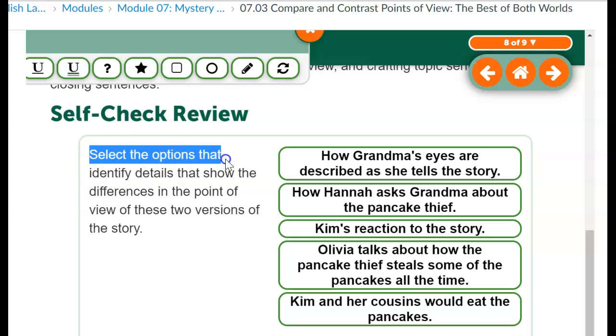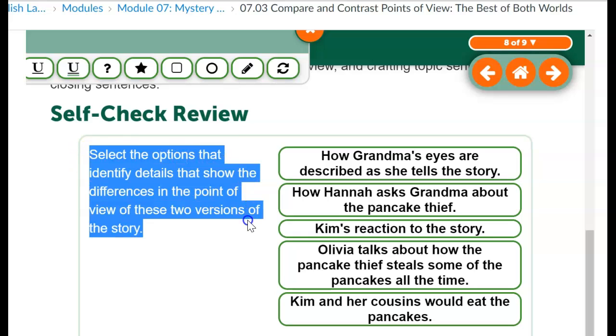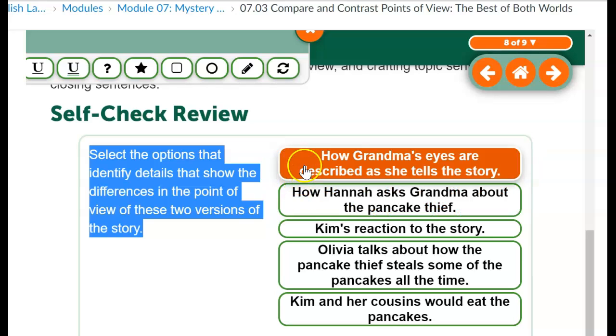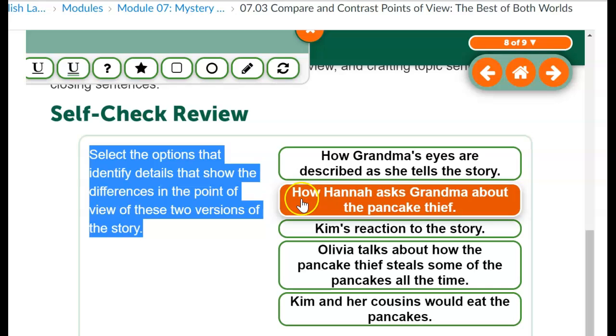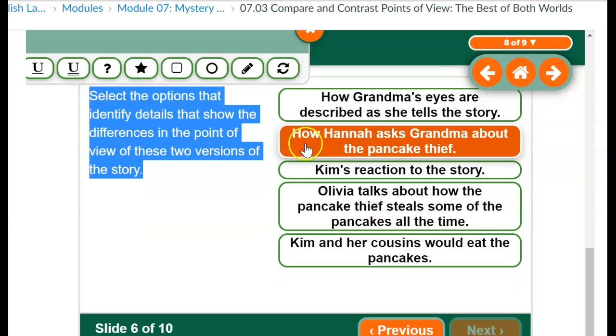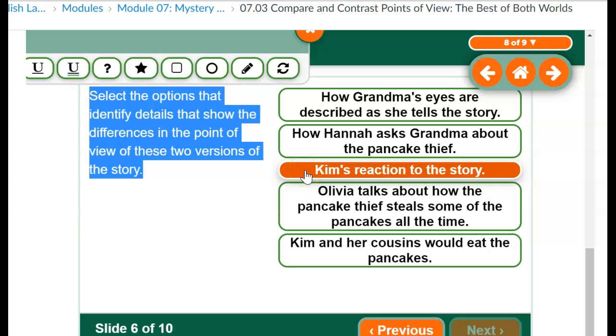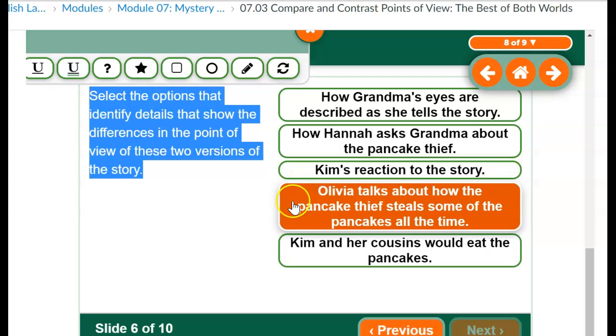So now we want to look at the options that identify details that show the difference in the point of view on these two versions. So, how Grandma's eyes are described as she tells the story, how Hannah asks Grandma about the pancake thief, Kim's reaction to the story. Olivia talks about how the pancake thief steals some of the pancakes all of the time.